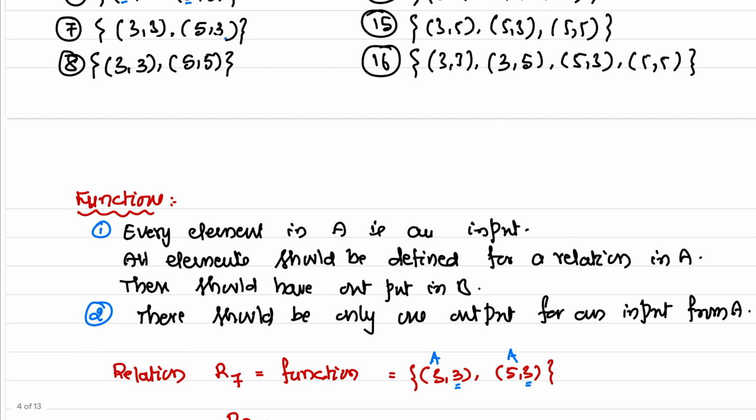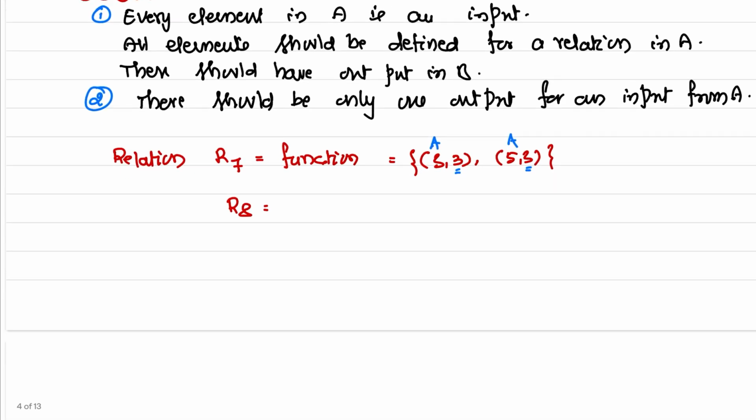R8 is 3, 3 and 5, 5. Please try to understand this carefully. From A, 3 is defined. From A, 5 is defined. Both the elements have a relation and get an output here.